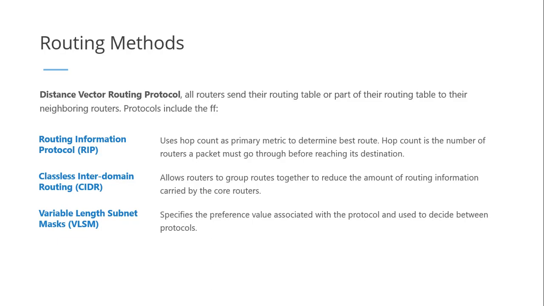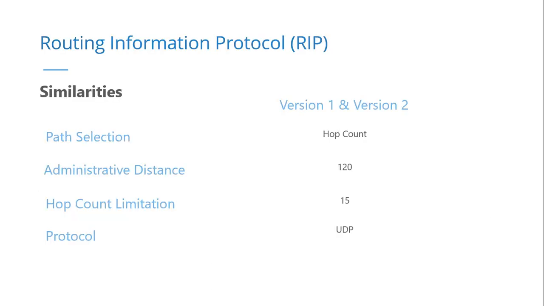can connect. Now, RIP, or Routing Information Protocol, actually has two versions, not surprisingly named version 1 and version 2. So what are the similarities between version 1 of RIP and version 2 of RIP? First, they use the same metric, hop count, as the primary metric of determining which route to take.